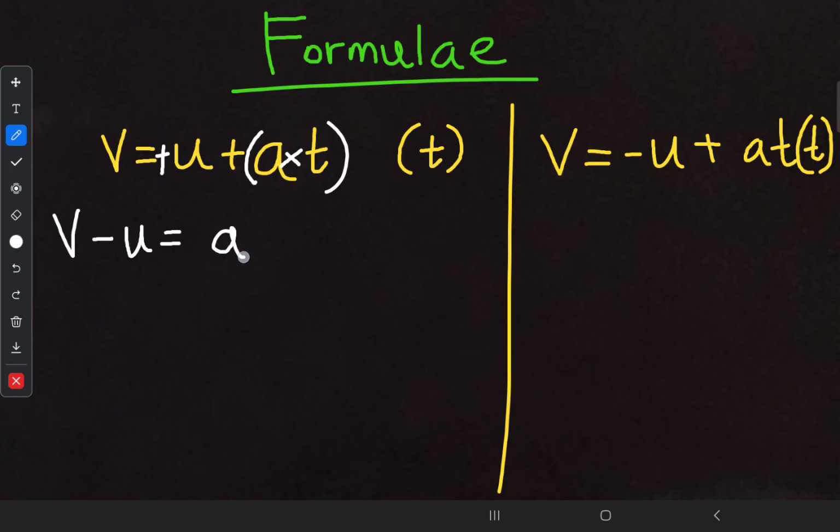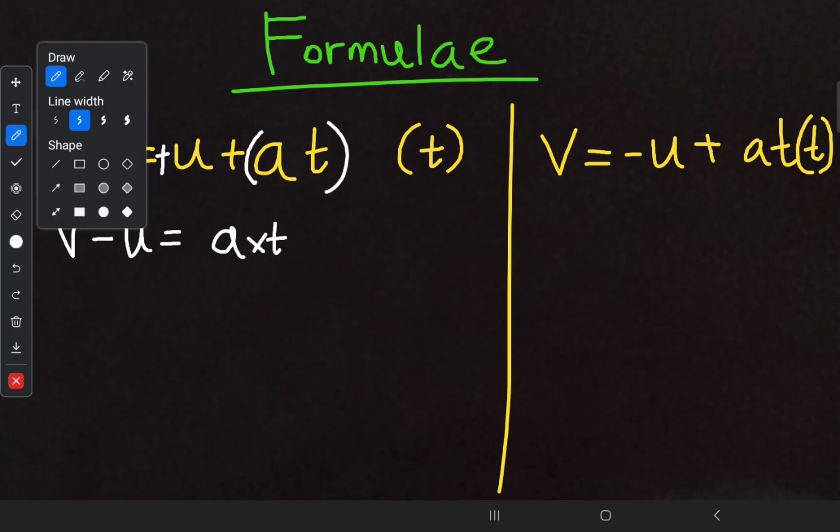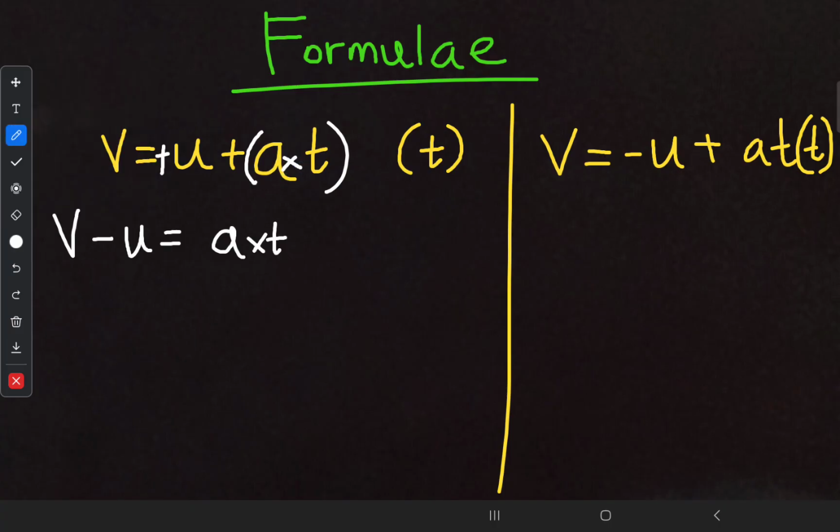After that, there is A multiplied with T. A and T are indicated together, so they are in a multiplication relationship. To subject T, A and T are in a multiplication relationship, so to oppose multiplication, what do we have to do?